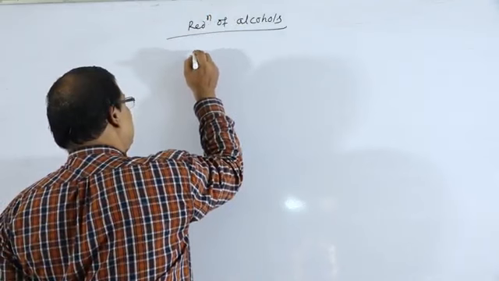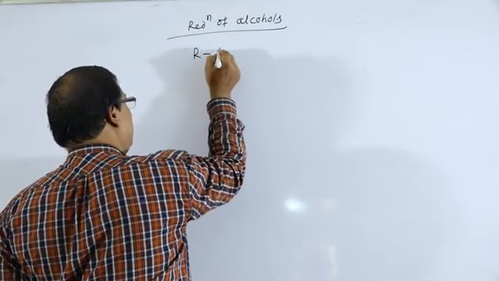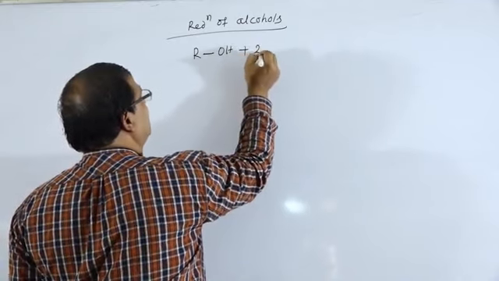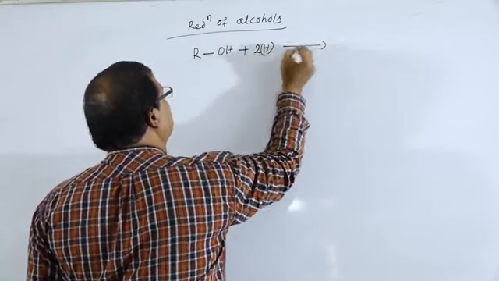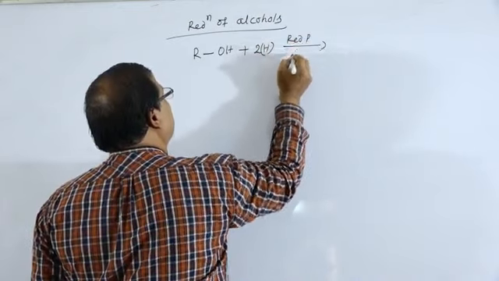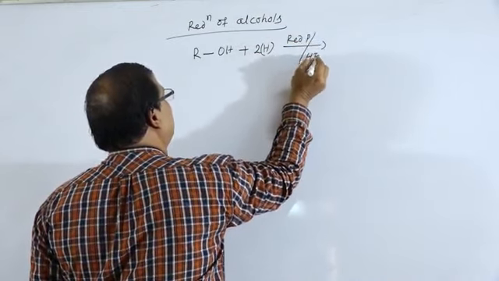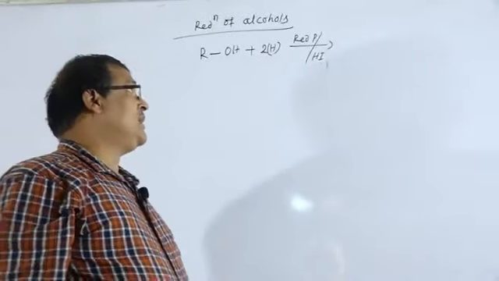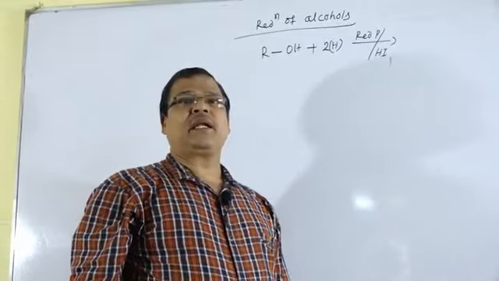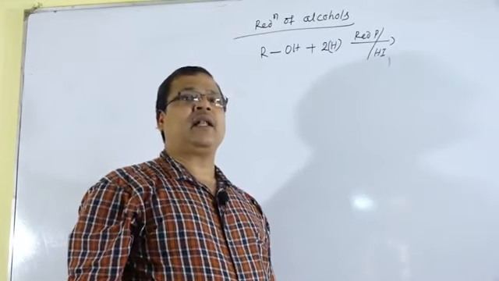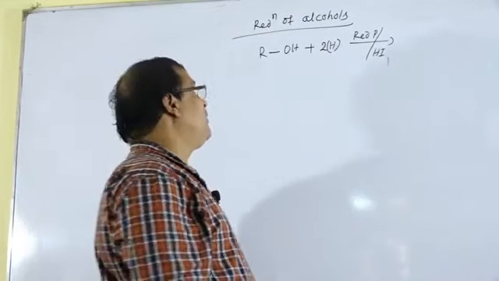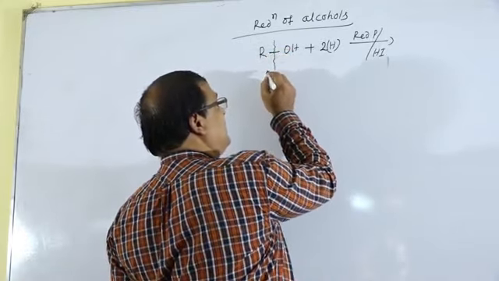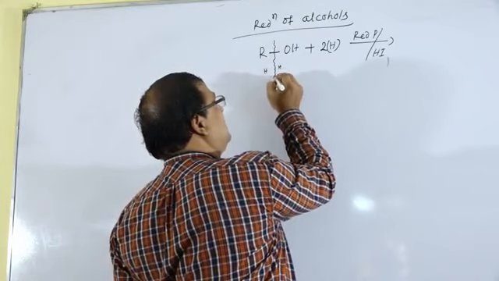When alcohols, ROH, are treated with the reducing agent red phosphorus and HI, then the formation of alkane will be found. So this bond will break, then H and H go to this side.